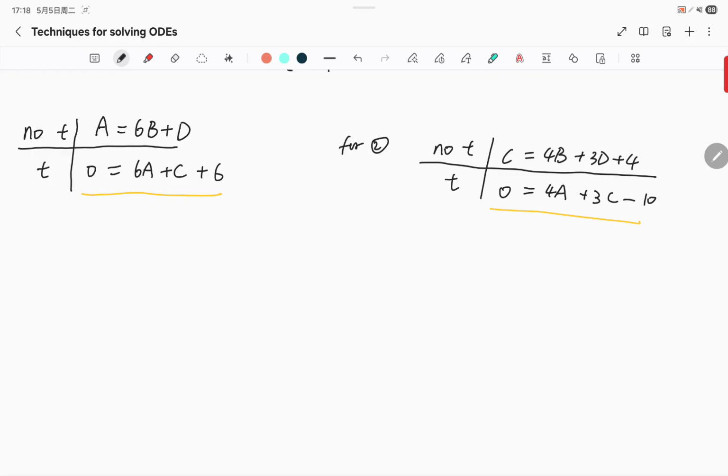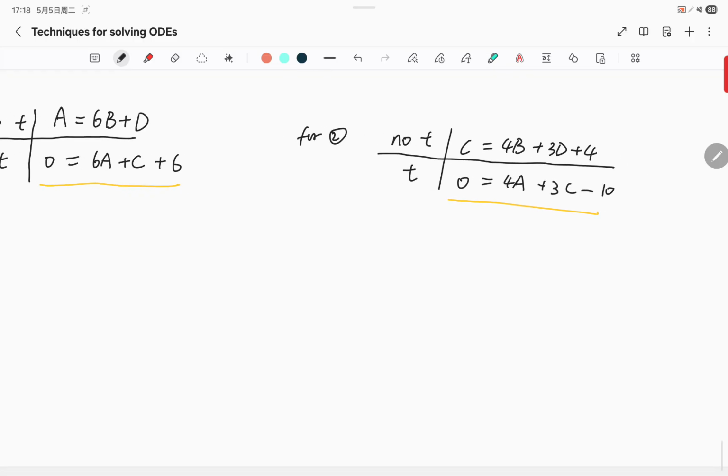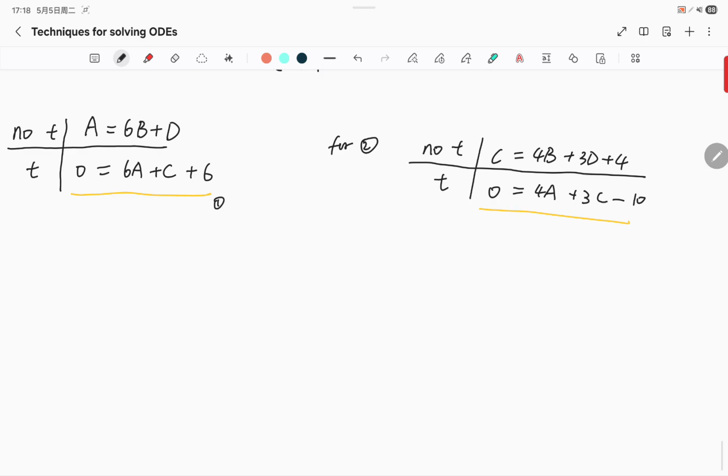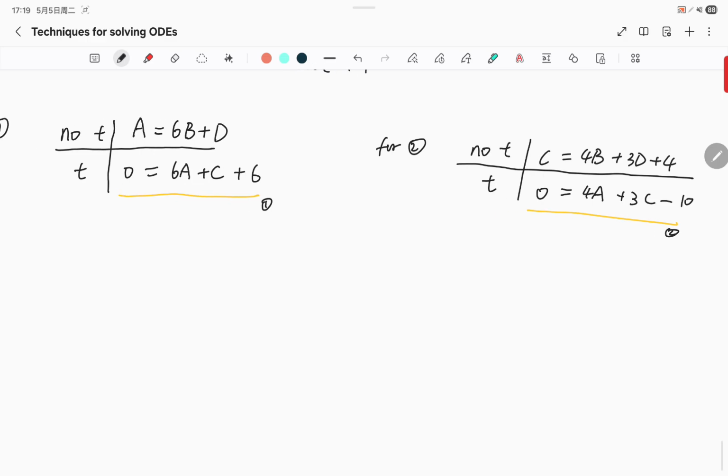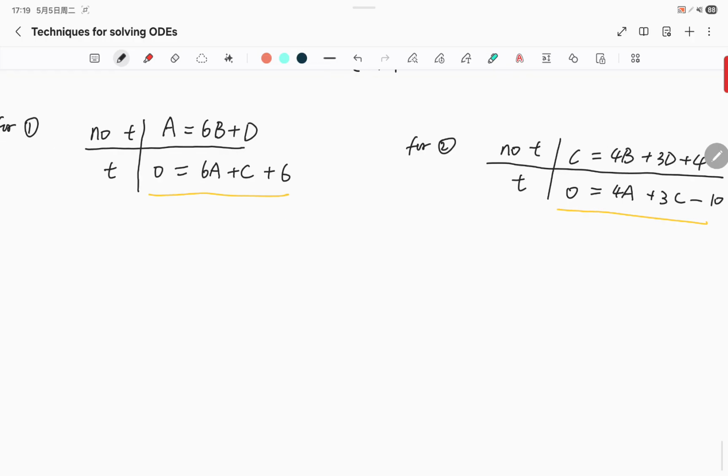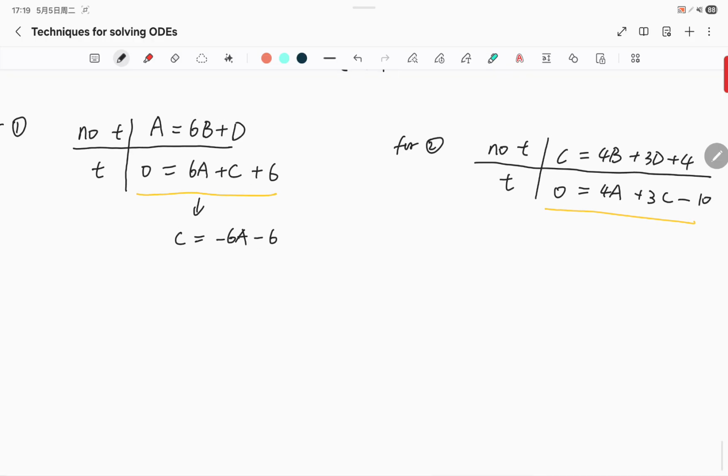So I'm going to call this equation 1, equation 2. From this one, we have c is equal to minus 6a minus 6, right? We're going to sub this into this one.